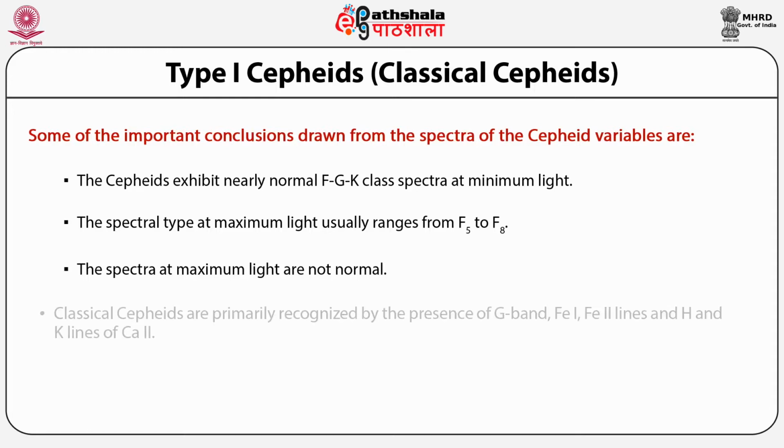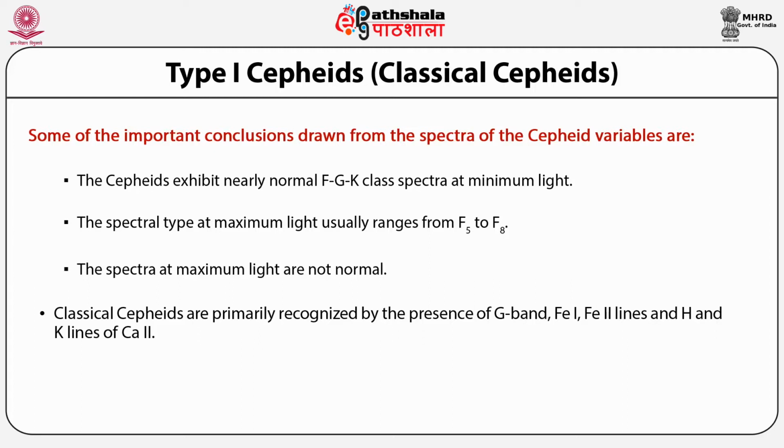So, classical Cepheids are primarily recognized by the presence of the G band, Fe I and Fe II lines, and the H and K lines, that is, the hydrogen and potassium lines of Ca II, the calcium second.